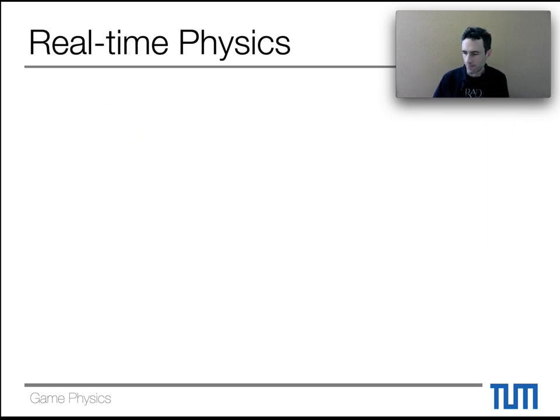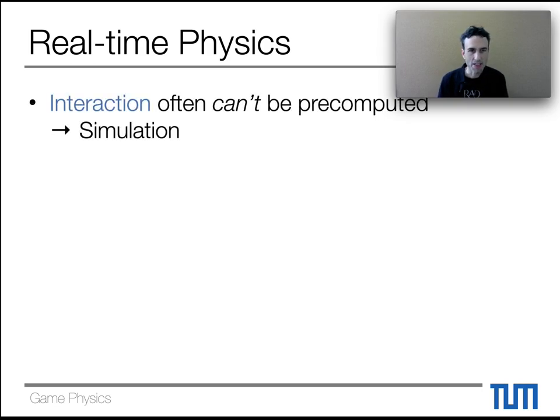Yeah, what also plays an important role in this setting is interactive applications. We typically have situations where a player or user inputs commands and has a large flexibility with respect to what he or she can do.